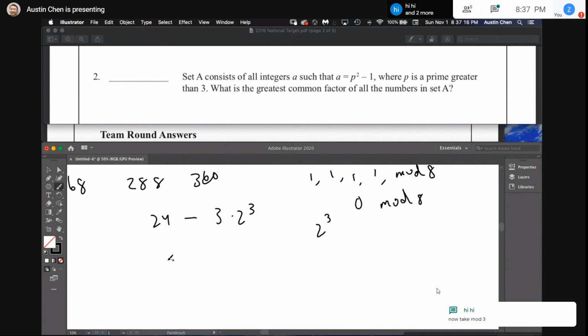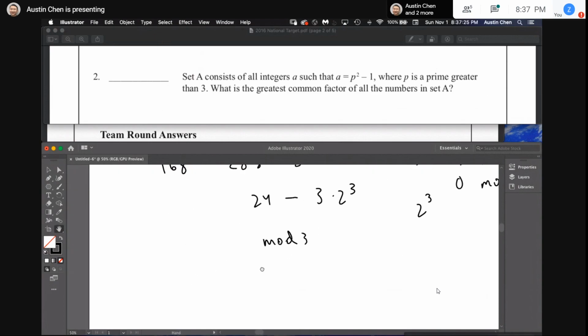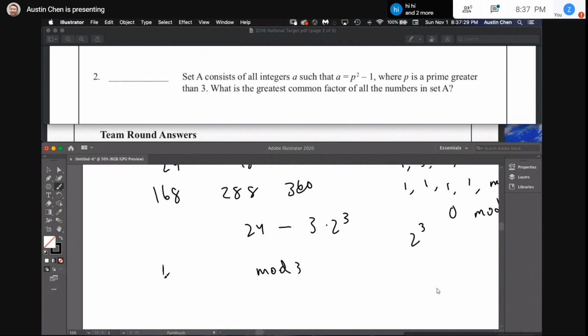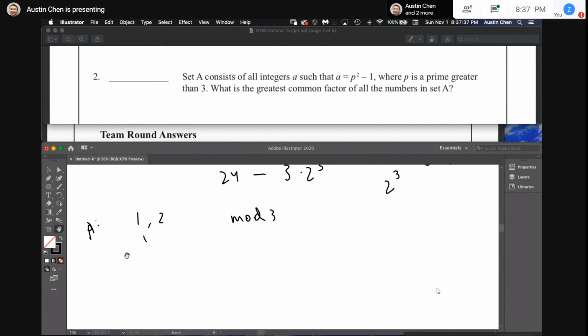Now take mod 3. We see if all of them are 0 mod 3. This will tell us whether it's 24 or whether it's 8, right? So p can be 1 or 2 mod 3. It can't be 0 mod 3 because then it would be divisible by 3, and primes can't be like that. Then we look at p squared. p squared will either be 1 or 4 mod 3, but that's just 1 or 1 mod 3, right?